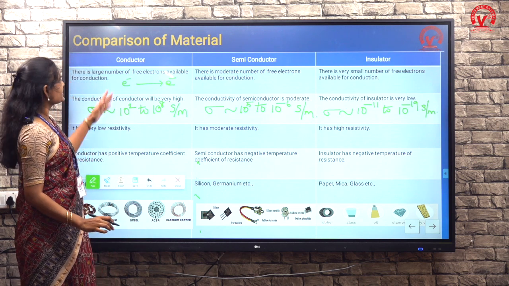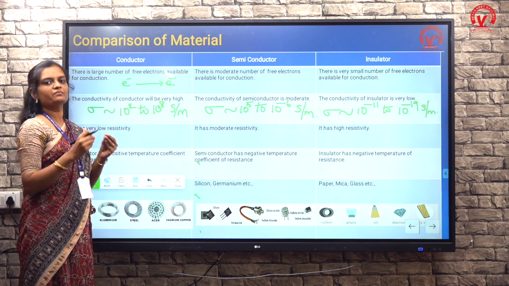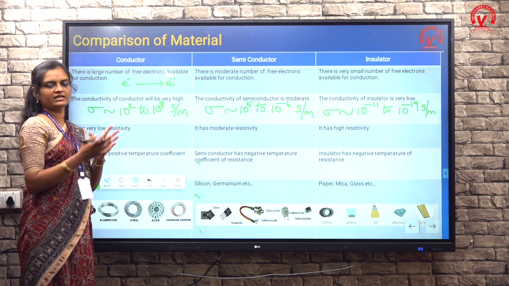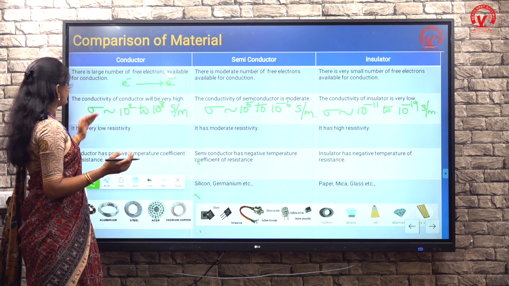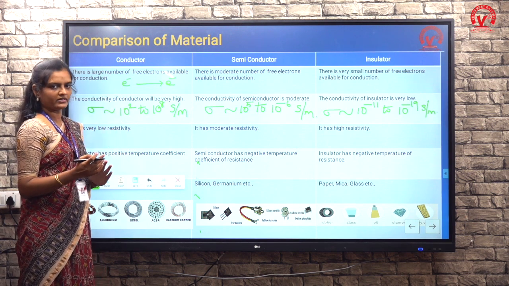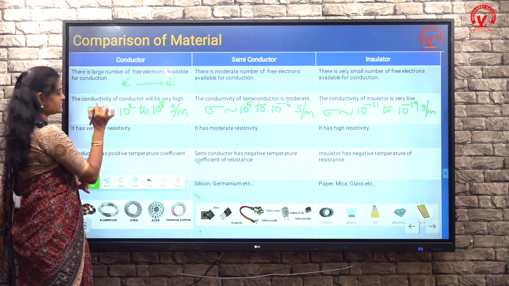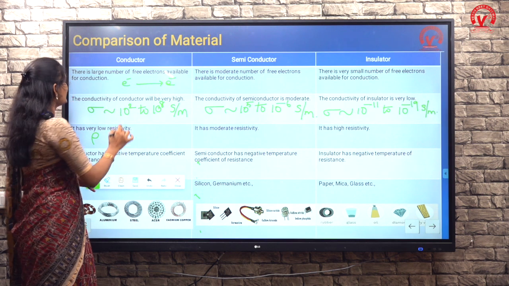Okay. In the conductor, I told you the conductivity is large because it has many free electrons in the material. And if the conductivity is large, the resistivity must be low. So the resistivity is low here, with the resistivity symbol rho.